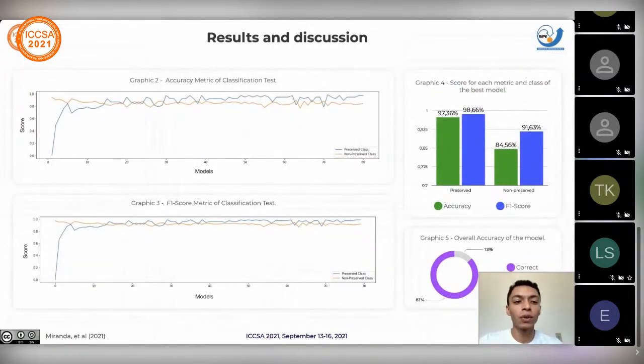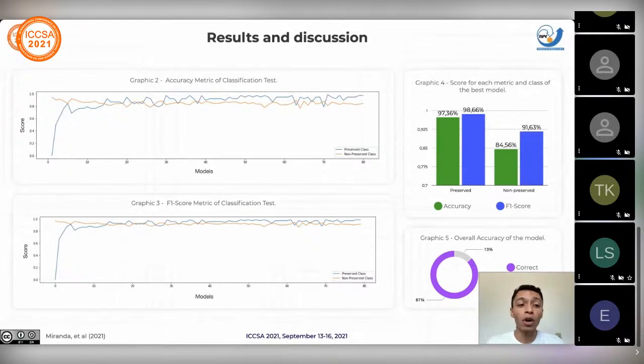Looking at graphics 2 and 3, we see the results obtained for each model and their respective scores for the preserved and non-preserved classes, which are presented in the colors blue and orange. Note in graphics 2 and 3 a fluctuation in the classification accuracy in almost all models, where each model better labeled one of the classes.